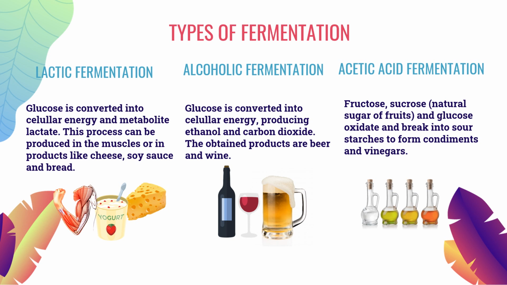Then we have the alcoholic fermentation, where the pyruvate molecules of sugar are broken down by yeast into alcohol and carbon dioxide molecules to produce wine and beer. In the last type of fermentation, the sucrose, that is the natural sugar of fruits, and glucose oxidize and break into the sour starches to form condiments and vinegars.